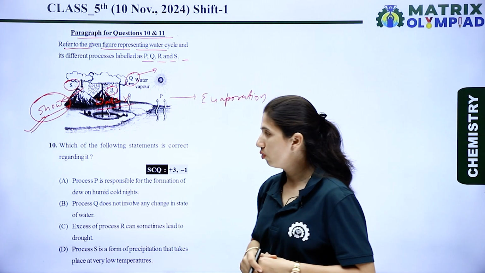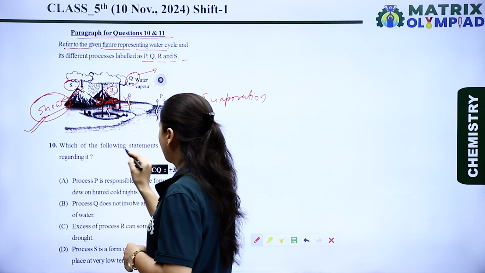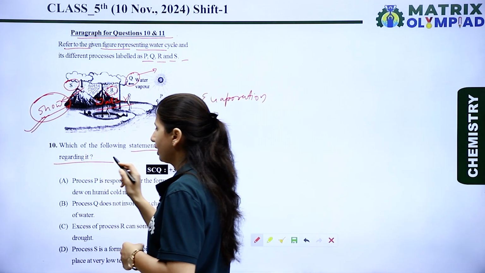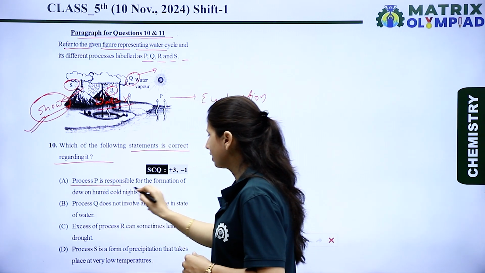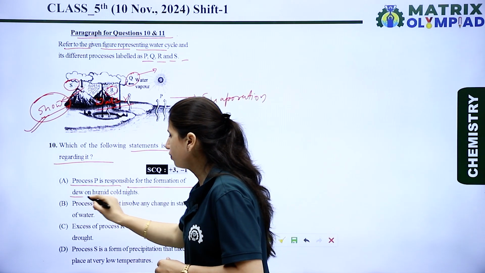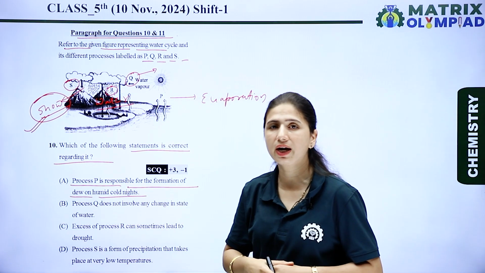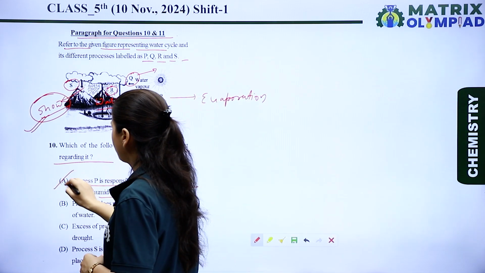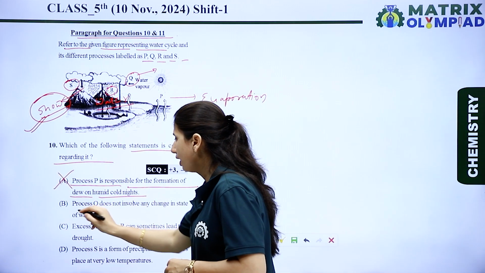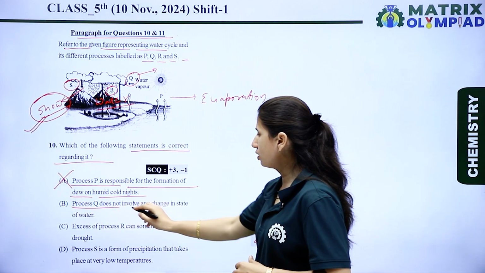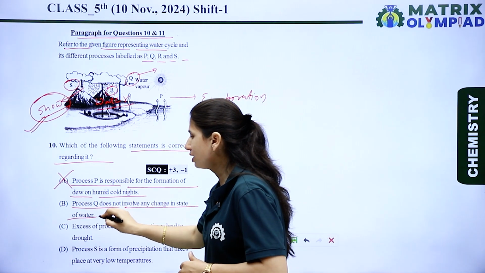Now let's see the question. Which of the following statements is correct regarding it? Let's see the first: process P is responsible for the formation of dew on humid cold nights. No, it is not responsible because the evaporation process is not responsible for that. Next: process Q does not involve any change in state of water.